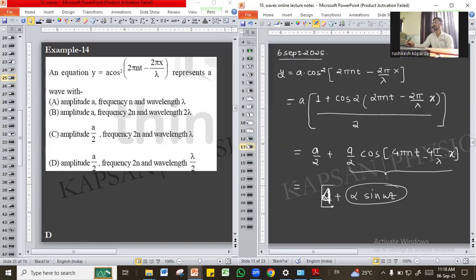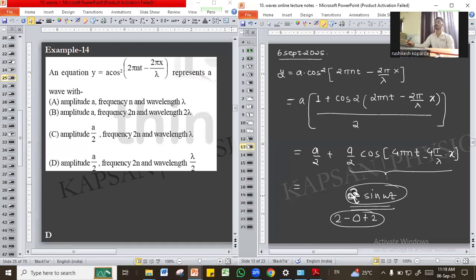This is the new mean position. If we write only A by 2 sin omega t, what does that mean? Oscillations are about the mean position, so here your positions will be 0, +A by 2 and -A by 2. But with this added A by 2, your oscillations will take place about A by 2.